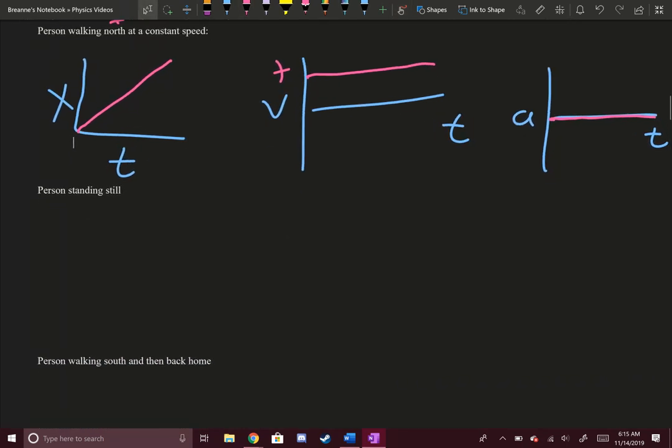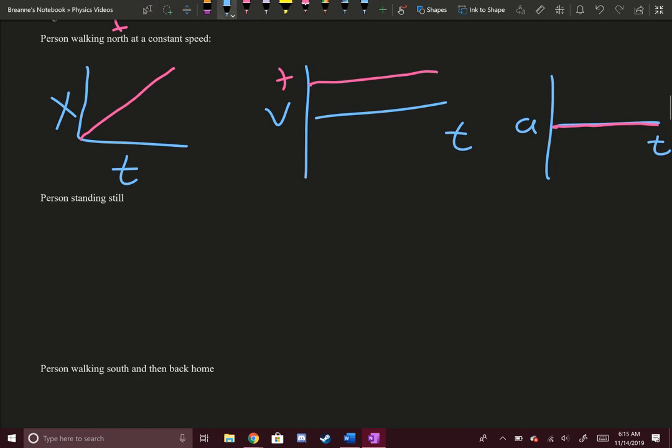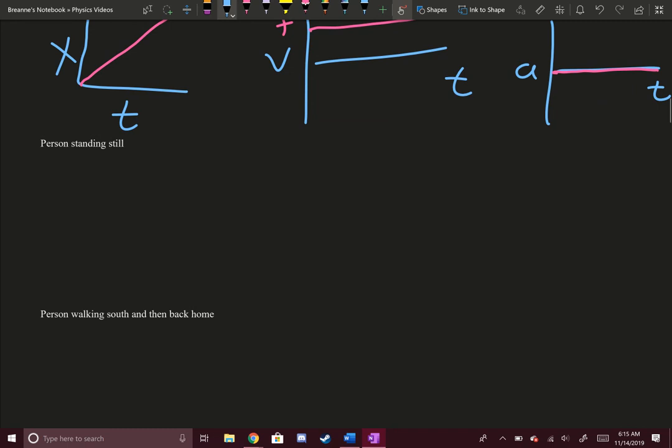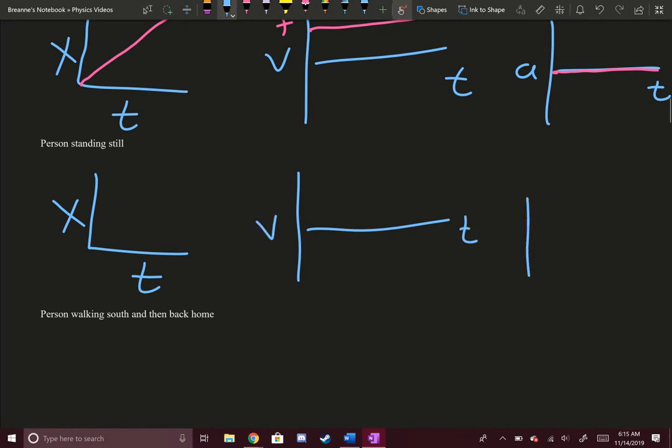For a person standing still, again, you have your three graphs here. A person standing still means your position is not changing at all.